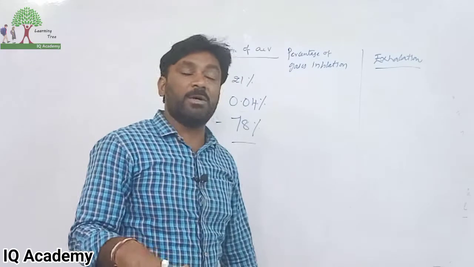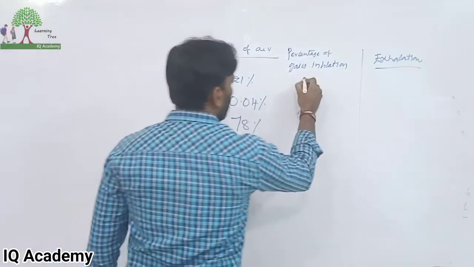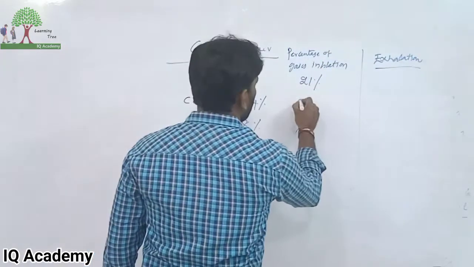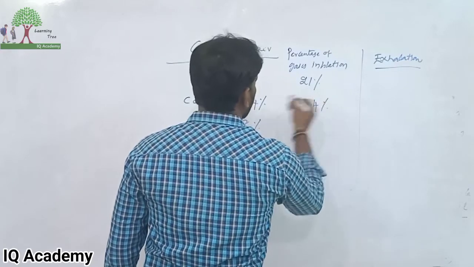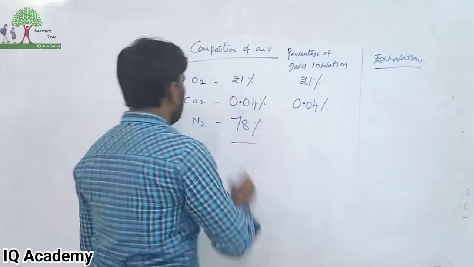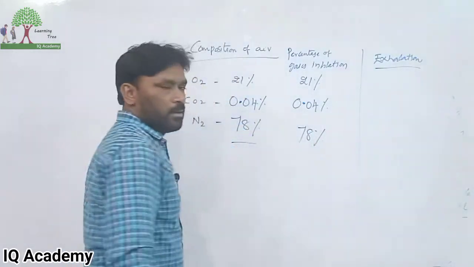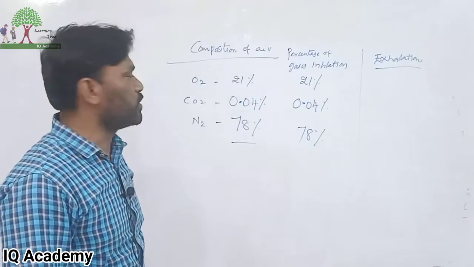When we inhale, how much percentage of oxygen will we take? 21% we will take. Carbon dioxide, same as it is, 0.04%. Nitrogen 78% as it is. We have taken total gases which are present in the nature.